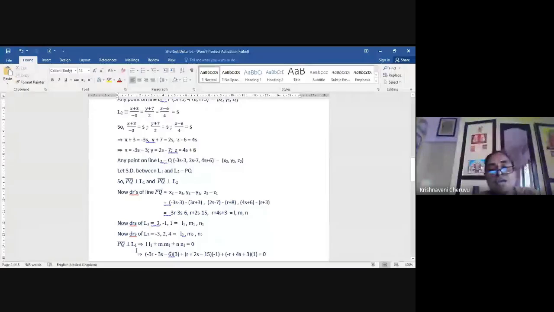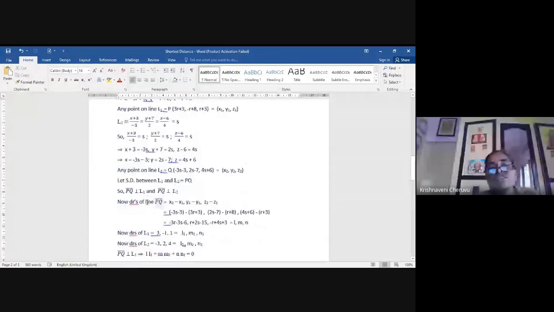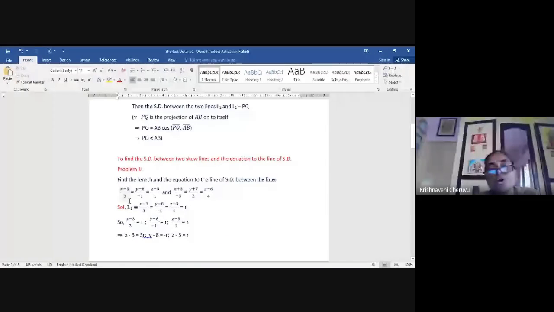Like PQ is perpendicular to L1 means this is the condition, for which you need DRs of line PQ and DRs of line L1. And you know, DRs of line PQ means the difference of x coordinates, difference of y coordinates, difference of z coordinates, because you know P, you know Q. And DRs of line L1 means, as it is in the symmetric form, 3, minus 1, 1 are the DRs of line L1. Okay, and minus 3, 2, 4 are the DRs of the line L2.